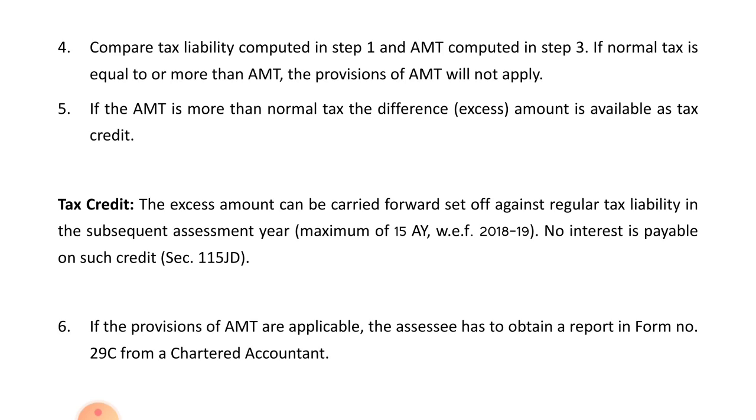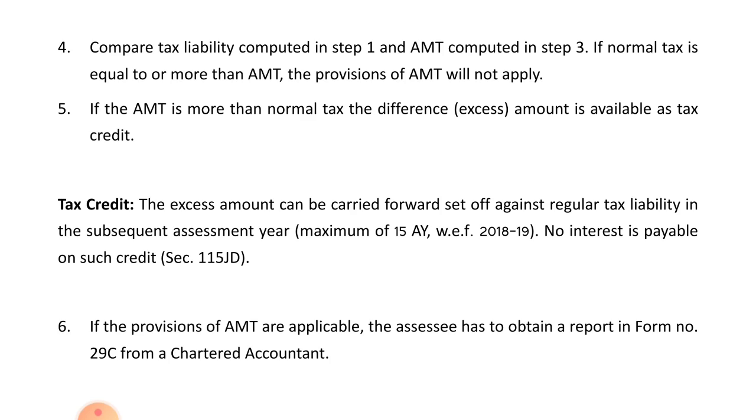Suppose the tax payable on total income is 20,000 and tax has been paid under adjusted total income is 50,000. The tax credit will be allowed rupees 30,000, that is the difference between AMT and the normal tax.